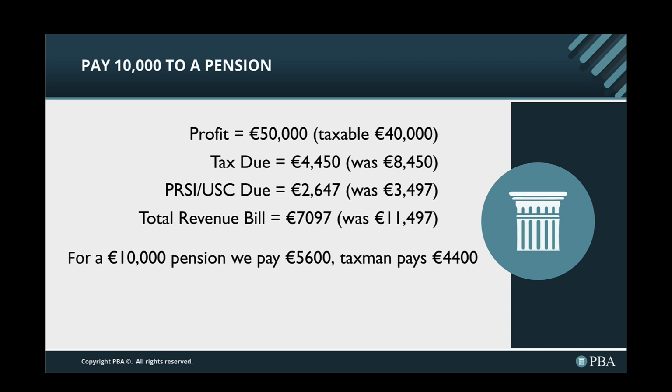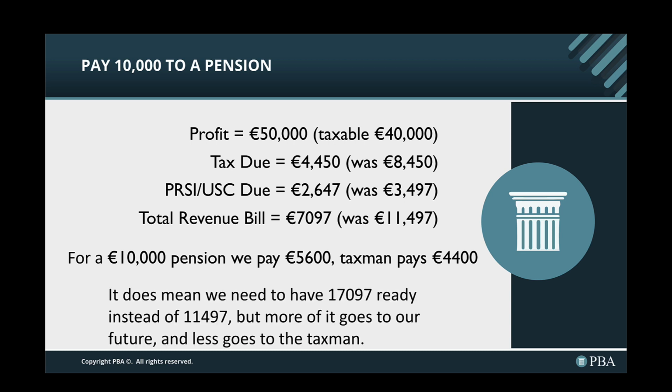It's all going to be at 20%. So for you putting 10,000 into your pension, 5,600 has come from you, and the tax is covering 4,400, because otherwise you'd be paying the tax on it.